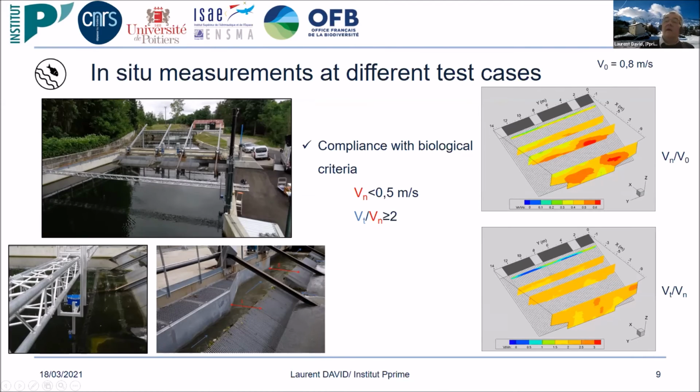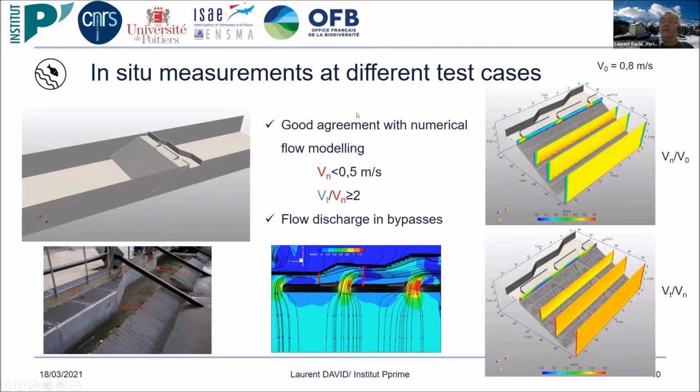And to compare after with flow modeling, we did the same thing with numerical simulation. And it was interesting to validate that we obtained the same kind of velocity upstream for the 4 different sections. And also for the discharge, we see that we have only 10% of differences between the discharge that we obtain on the field and the discharge that we obtain with the flow modeling.